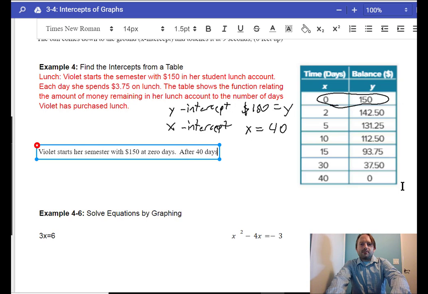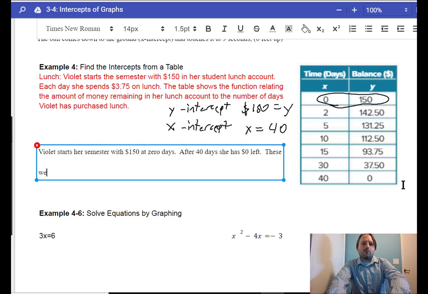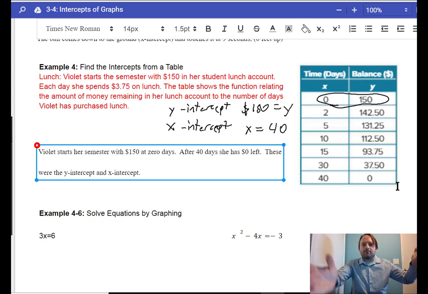After 40 days, she has $0 left. These were the y-intercept and x-intercept. Okay, that's it. We don't have to do anything with that. Let's go on.